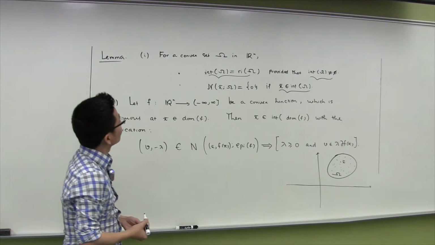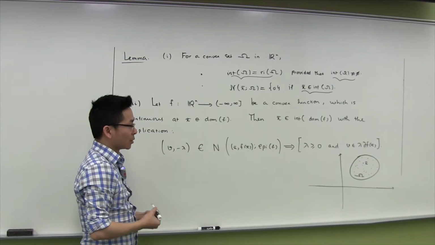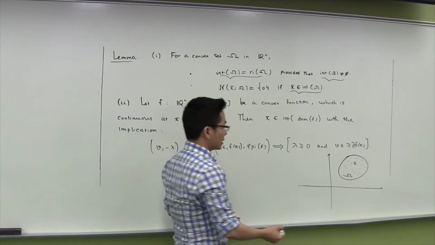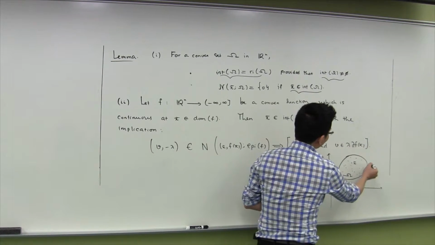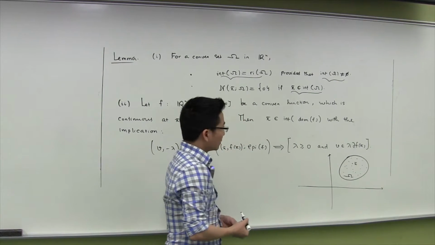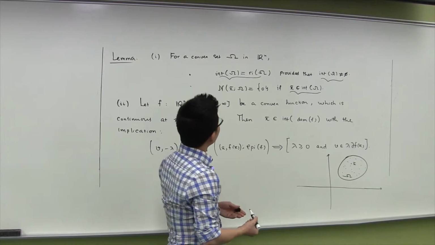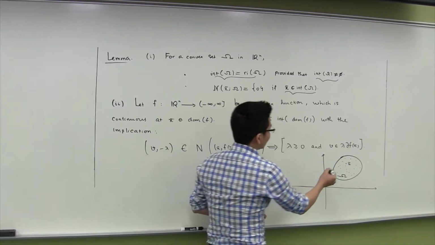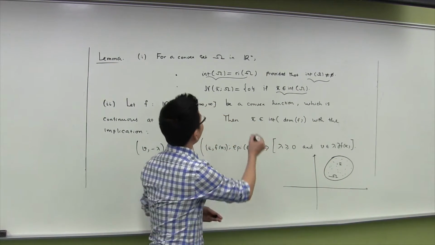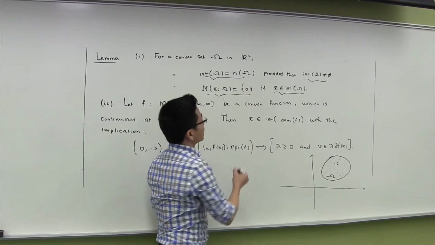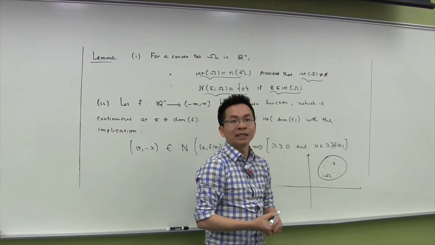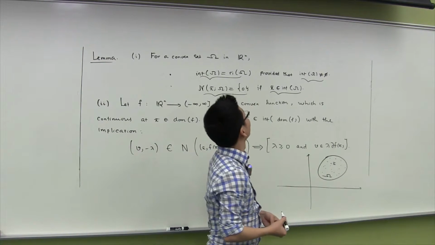This fact is rather simple, so I'm going to explain from a figure. Now in this figure, this is a convex set omega, and this is x bar. Now in this situation, we can easily see that the normal cone to the set omega at x bar is just the singleton 0, as x bar belongs to the interior of the set omega.